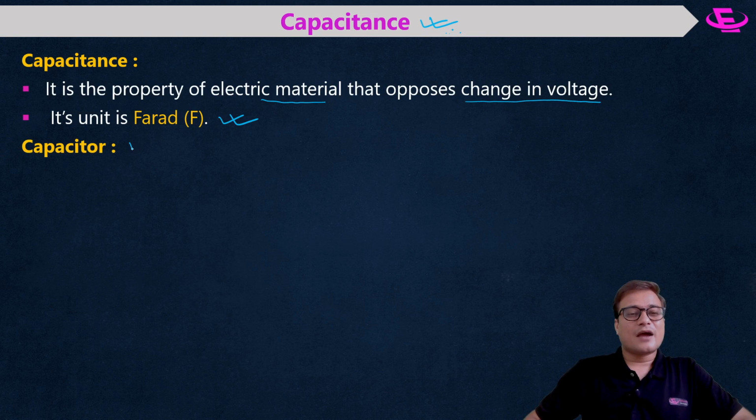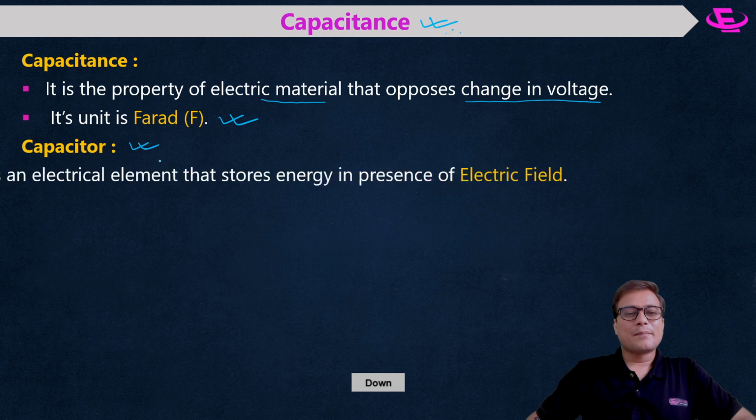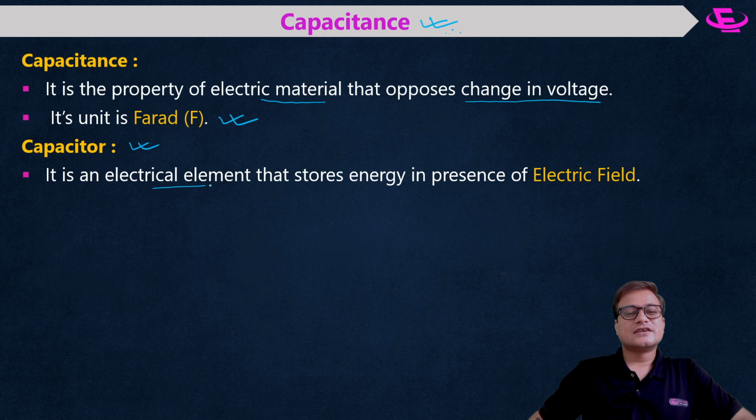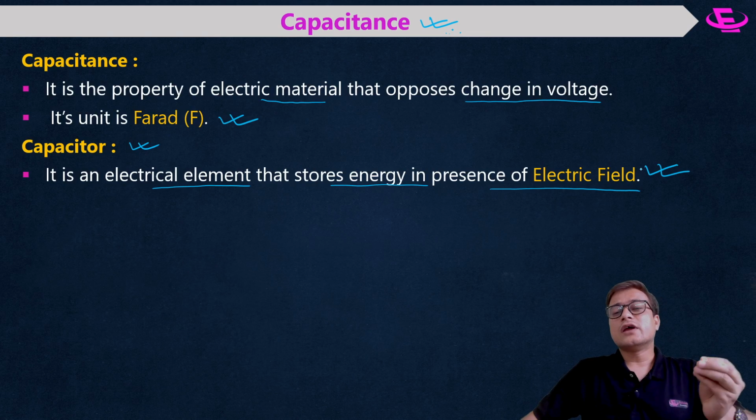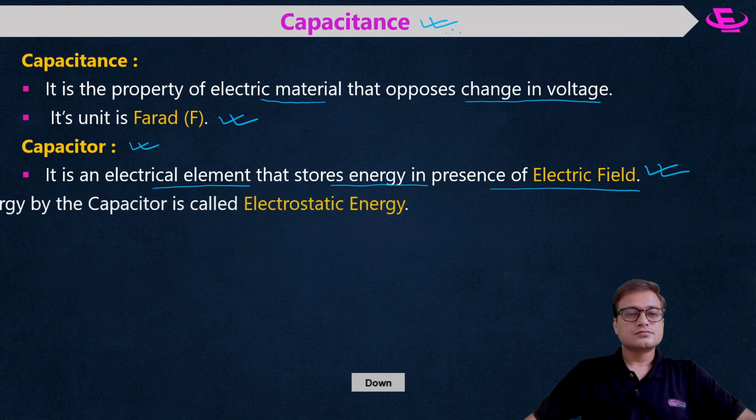Let us define capacitor. A capacitor is an electric element that stores energy in the presence of an electric field. This is about the capacitor. Clear?